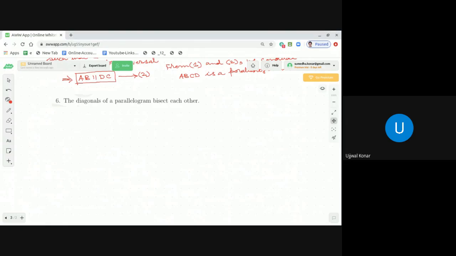So first of all, dear students, let me use a different color. Let me construct a parallelogram first, because we need to start with a parallelogram. Consider that ABCD is a parallelogram.